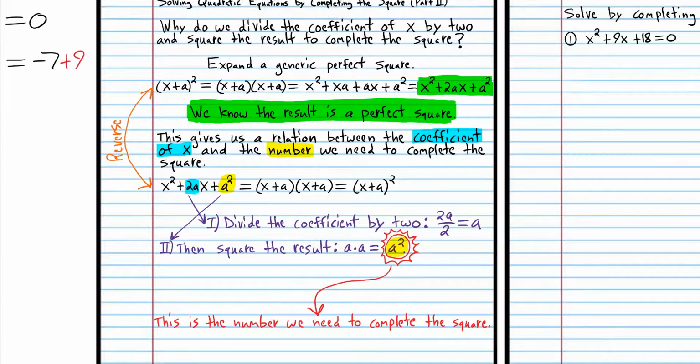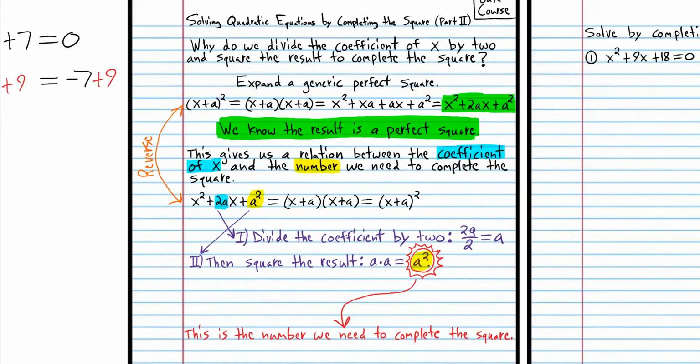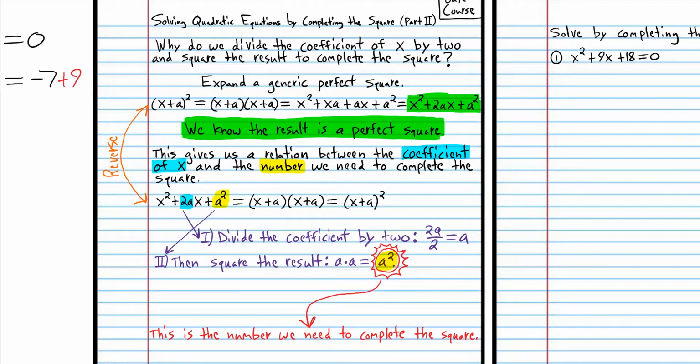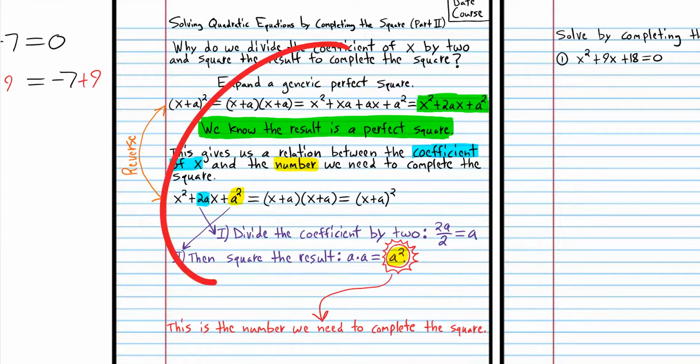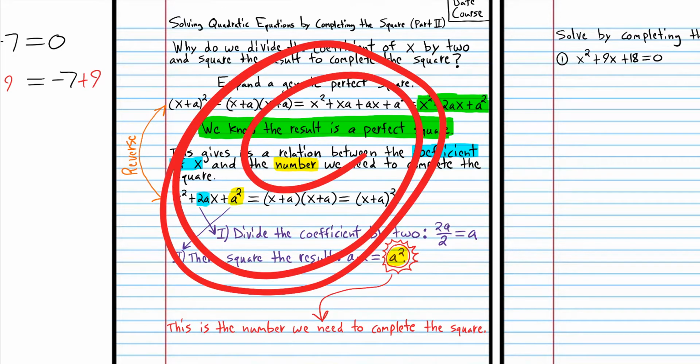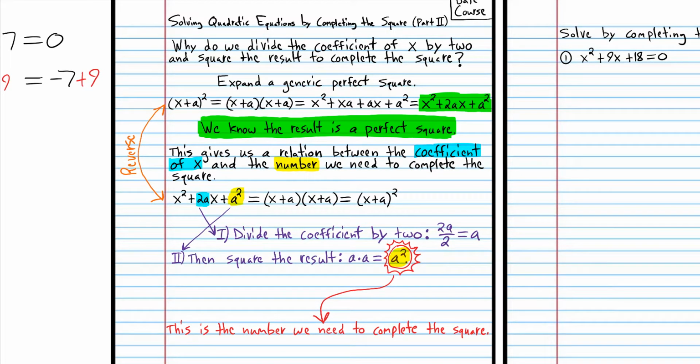You can read this if you want, but the most important thing that I want to tell you about all this on this page, explaining why you divide by 2 and square, is that if I took a random sample of 1,000 students who know how to complete the square in any school system, I'd be shocked if 1 out of 1,000 could explain why that algorithm works, why we divide the coefficient of x by 2 and square it to complete the square.